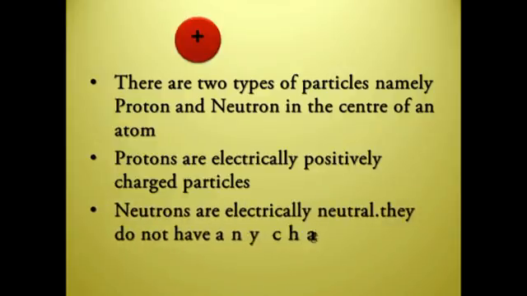Now let us see, neutrons are electrically neutral, meaning they do not have any charge. Here this one is the neutron and there is no sign, so they do not have any charge.